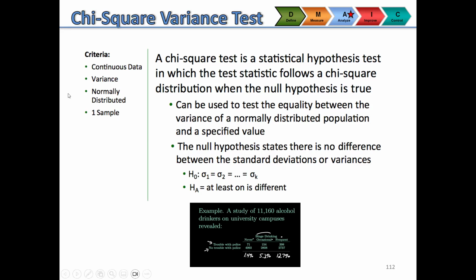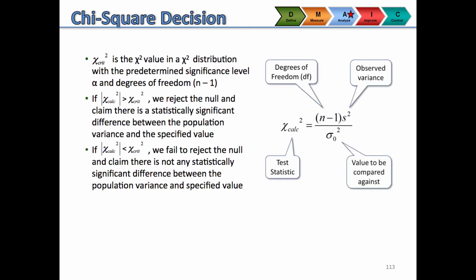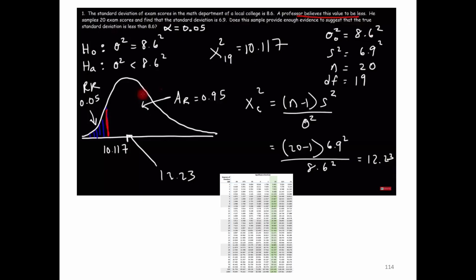So continuous data, I need the variance, and the variance would be one, people that have trouble with the police. The other is people that do a lot of binge drinking, right? There's a formula for it, and there's another example of when I'd use this. I'm gonna skip that.